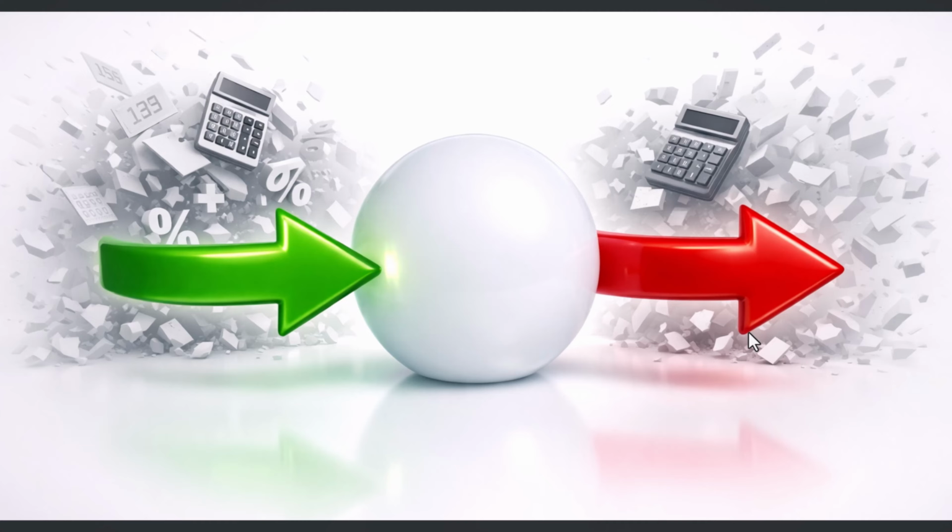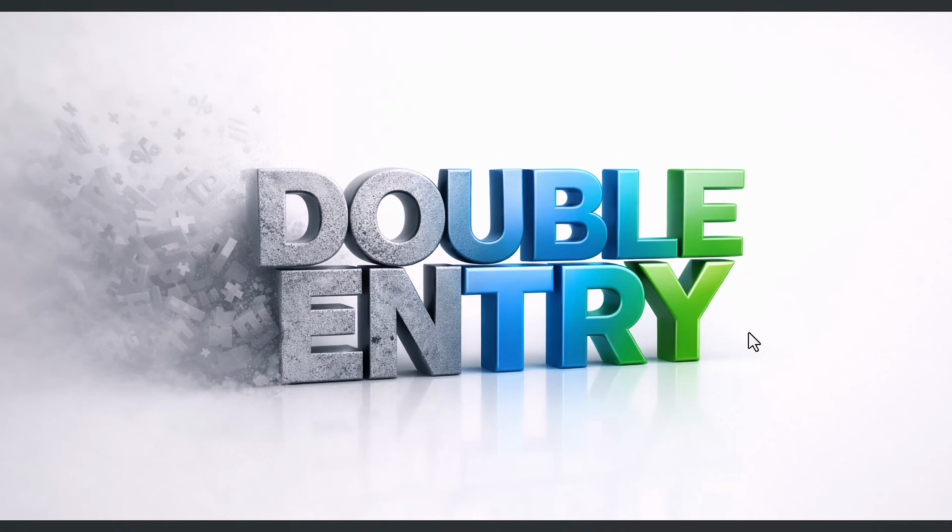Now, you may have heard that accounting uses something called double entry. That phrase alone sounds technical, complicated, and intimidating, but I want you to forget that fear right now. Double entry simply means every transaction affects 2 things at the same time. That's it.